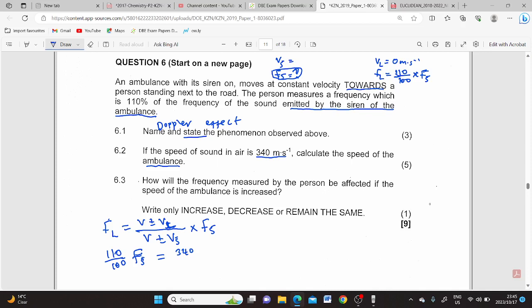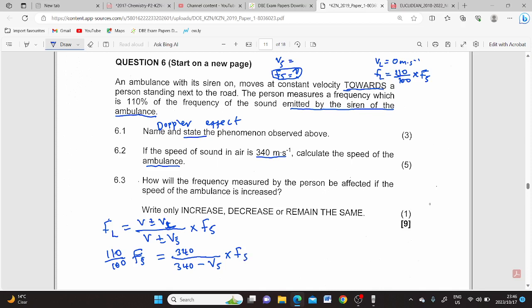and then the listener is not moving, over 340, then minus. Why minus? Because they say it's moving towards the listener, more than what is produced. So rather we're going to have the velocity of the source, multiplied by the frequency of the source, which was not given.